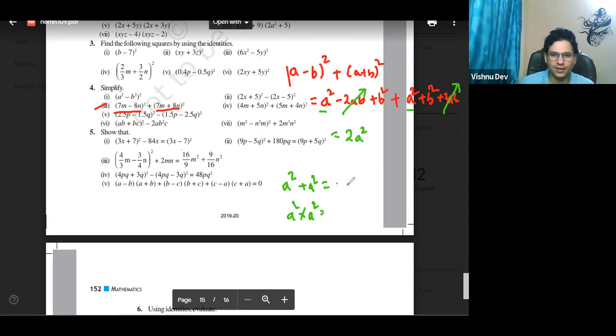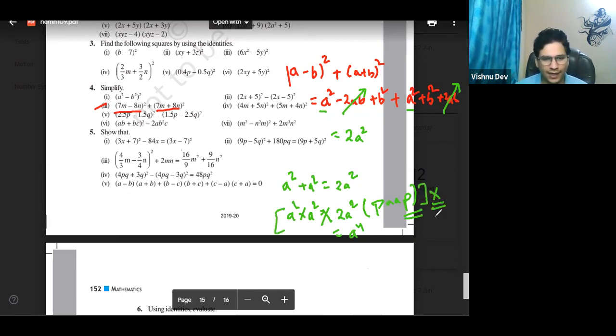So this is 2a square, not a to the power 4. We should not do this. Got it? Yes, sir.